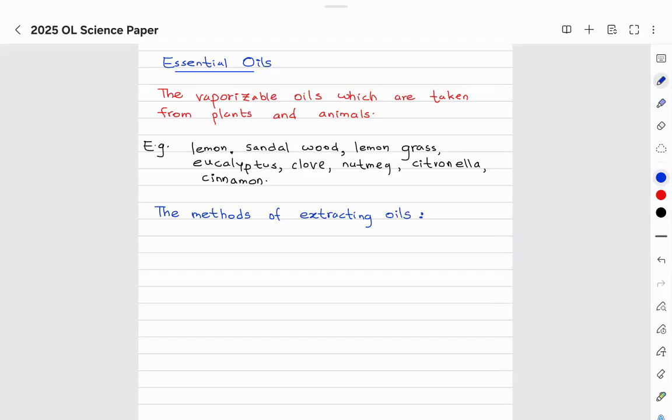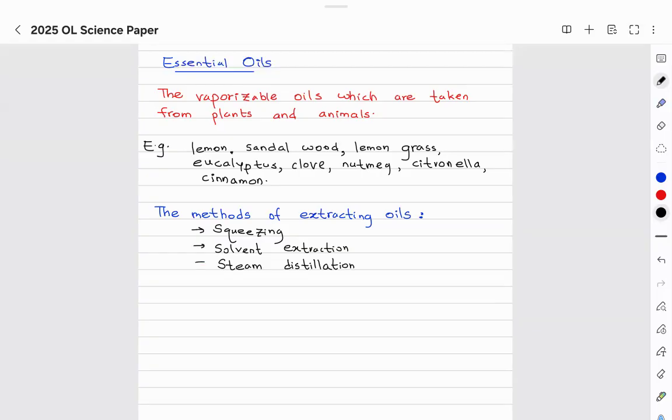Here, in order to extract these essential oils, the methods that we are using: one is squeezing, the other one is solvent extraction, and then we have steam distillation. Now study these three.